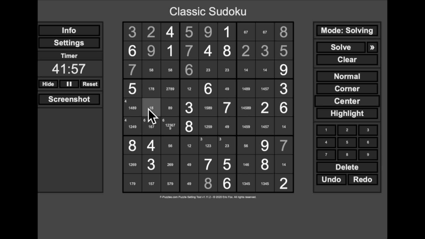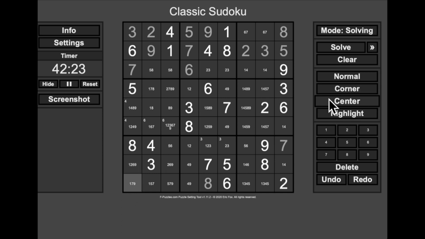Let's see. This cell sees 2, 3, 4, 6, 7, 9. Yeah, this is 1 or 8 definitively. Let's see. 5, 6, 7, 8. 3, 5, 6, 7, 8 says this is 1, 2, 4, and 9 in some order.